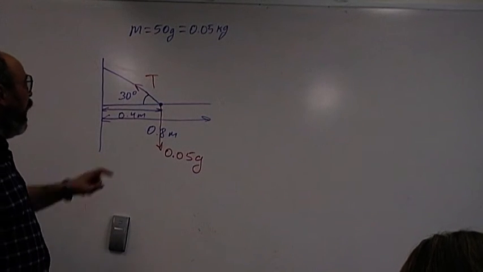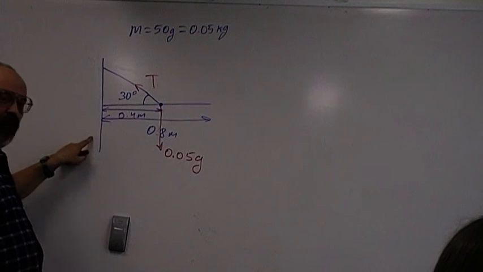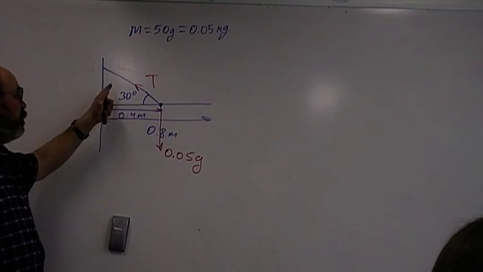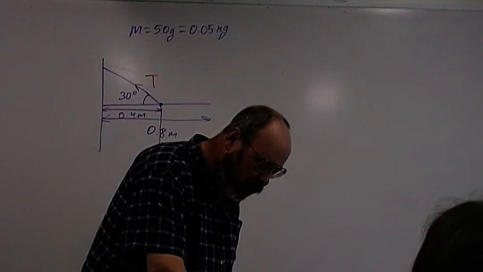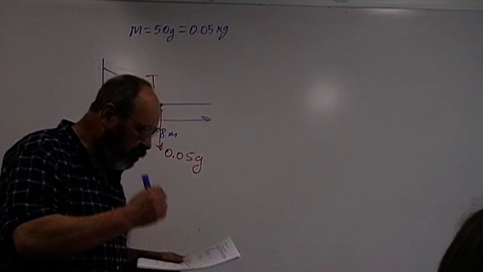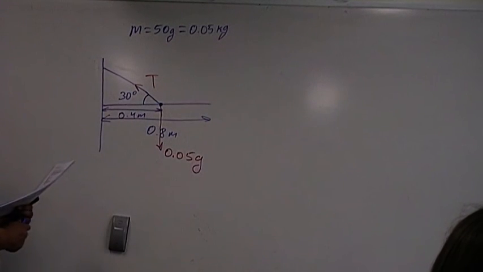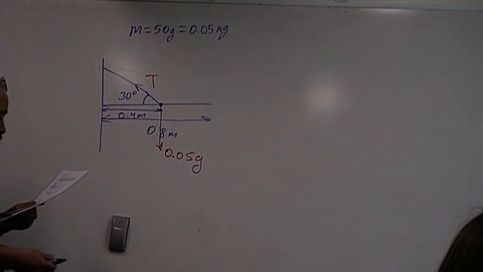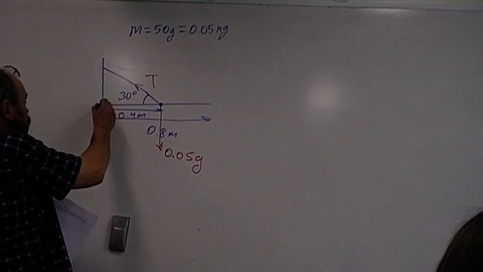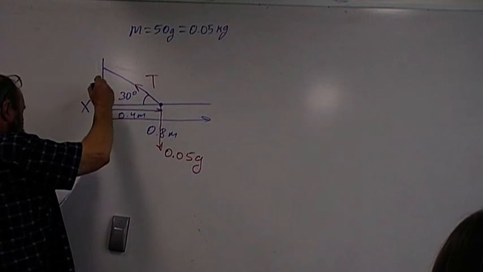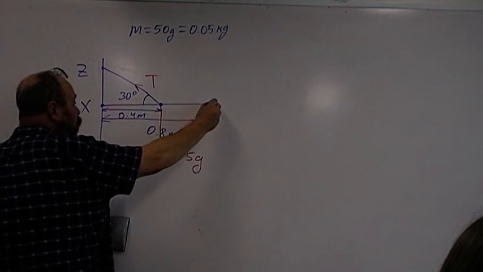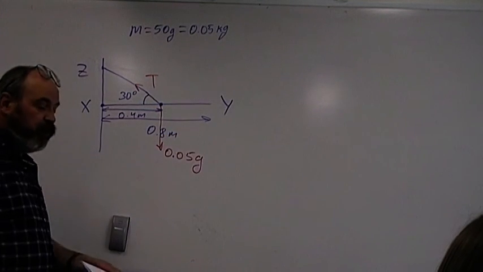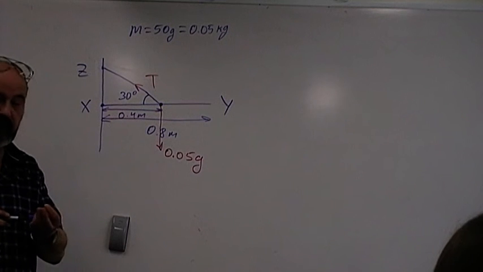Yes, tension acts on the wall as well, but we consider the forces acting on the beam. There are two forces, and we will take point X, point Y, point Z as the point around which we consider possible rotation of the beam.